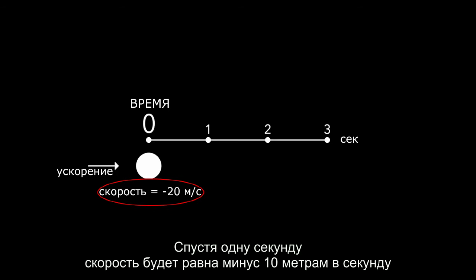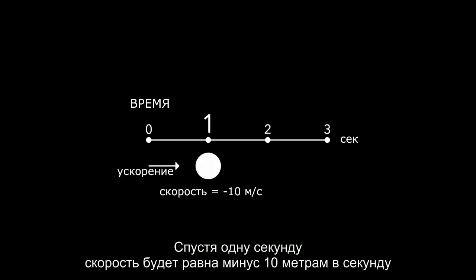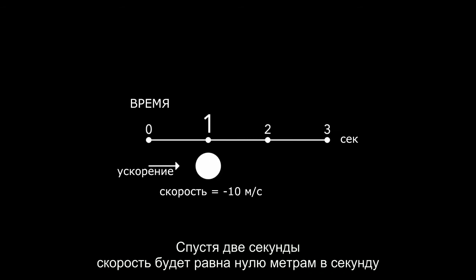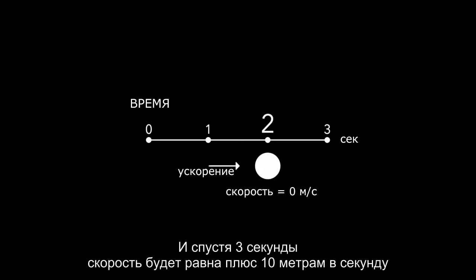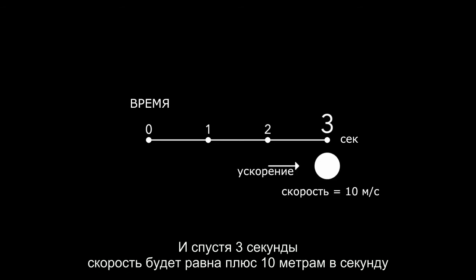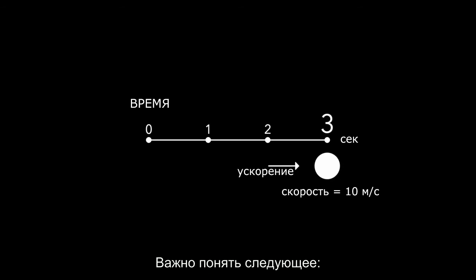After 1 second, we get minus 10 meters per second. After 2 seconds, we get 0 meters per second, and after 3 seconds, we get plus 10 meters per second. The important thing to understand is this. When the opposite acceleration is used, then it decreases the velocity.